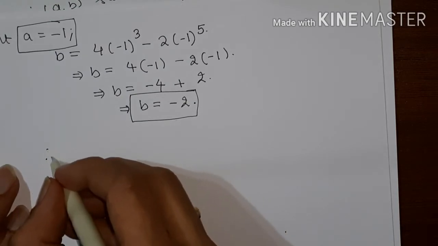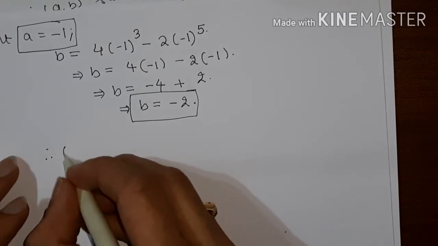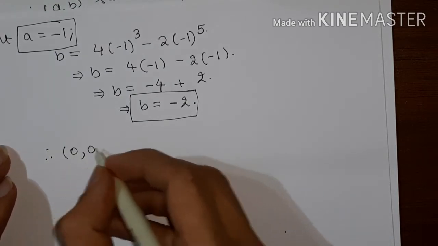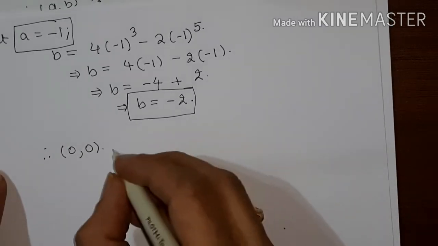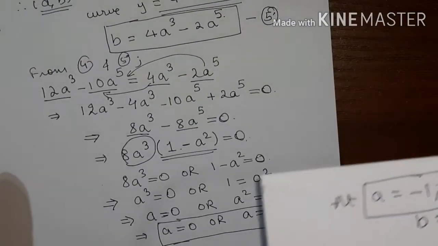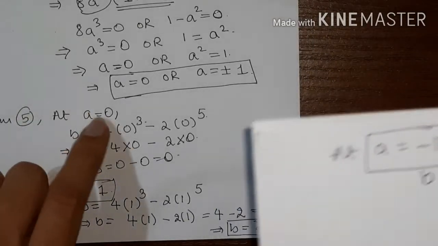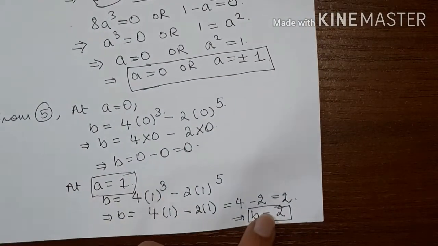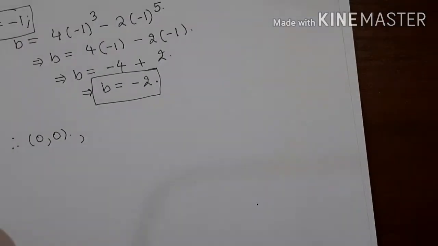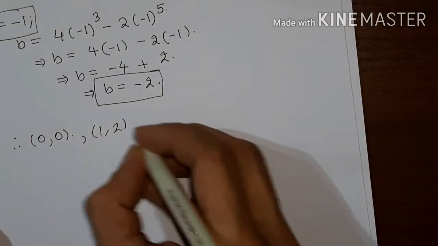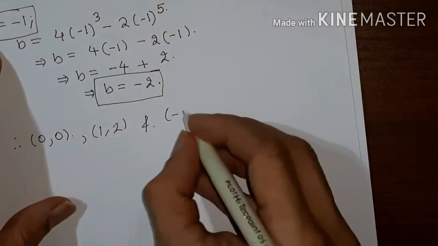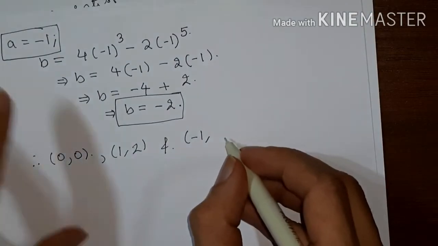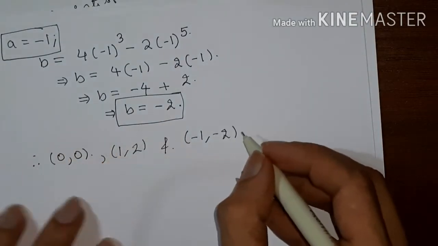So therefore what we get is this: 0 comma 0, that was the first point. Then 1 comma 2 was the second point, and this is the third point, minus 1 comma minus 2.